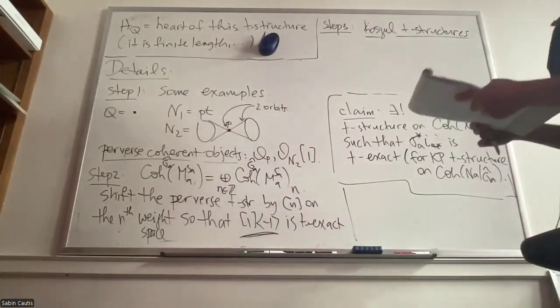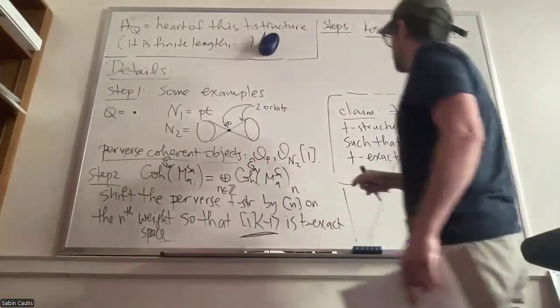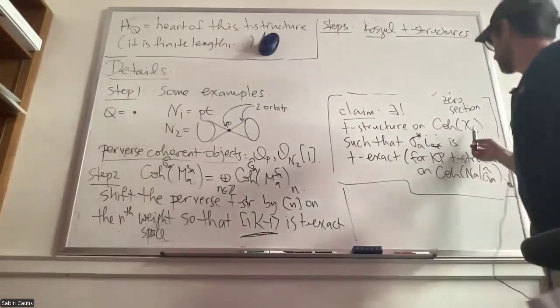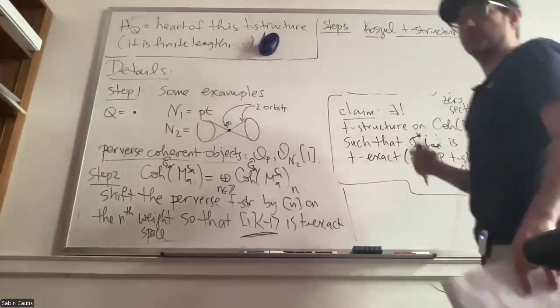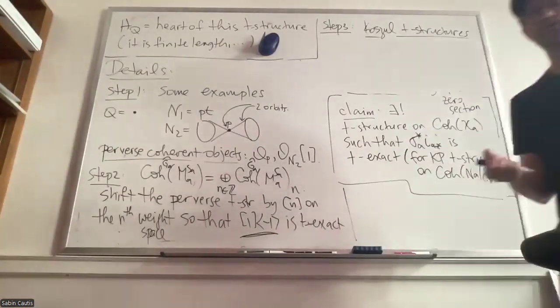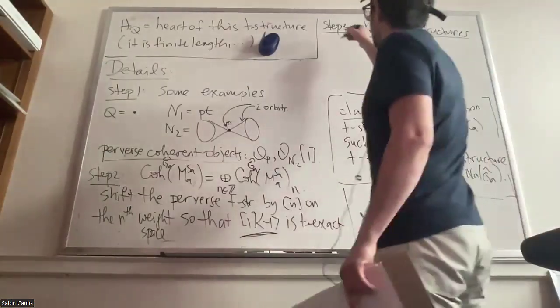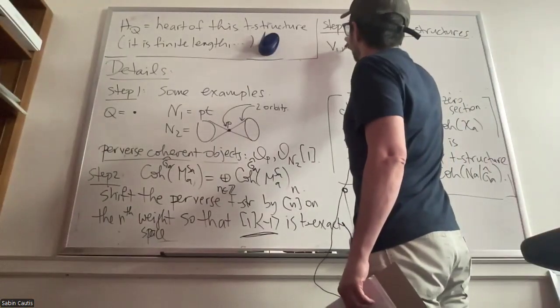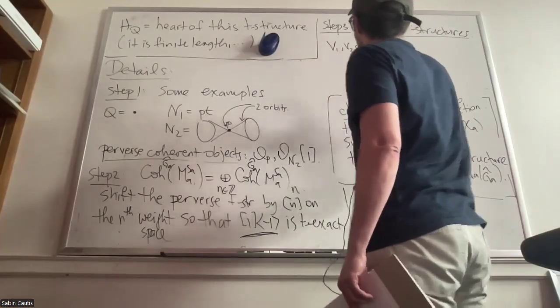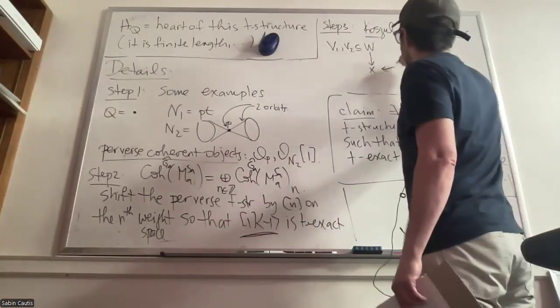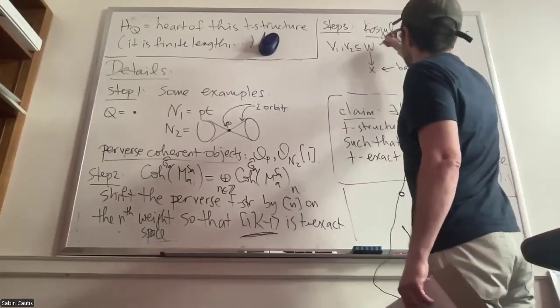The idea is, as I mentioned, the spaces we're interested in are the derived intersection of two vector bundles inside of a third. So that's the setup in which we're going to be working. We're going to have two vector bundles, V1 and V2, inside of W over some base X.